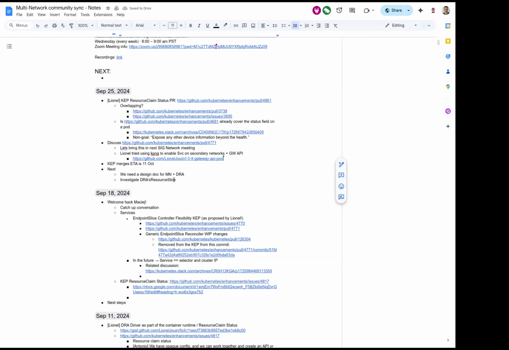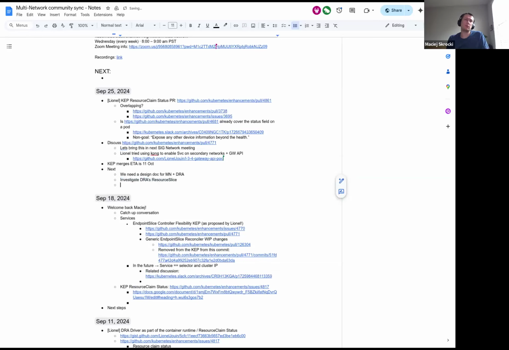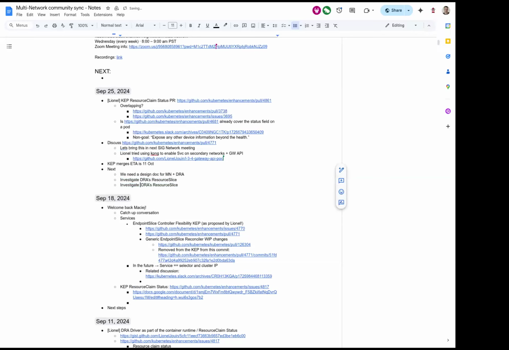Yeah, both are related, I think. And what about the scheduler? What do you have in mind? When you publish this resource slice and you request a resource, the scheduler will use this resource slice to find the node where this resource is available. So both things are related. I'm not entirely sure how it works. It's quite complex, I think. Gotcha. All right.